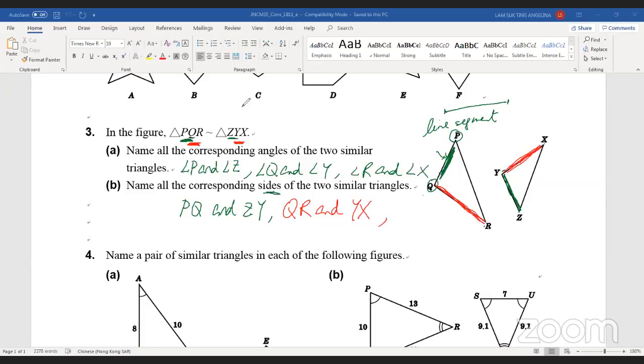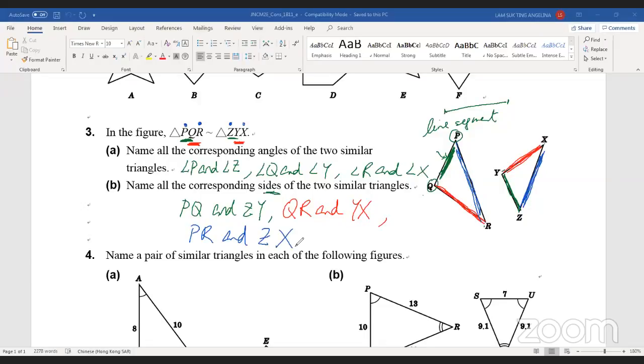And then the next one will be these two, PR, which corresponds to CX. Therefore we have PR and CX.